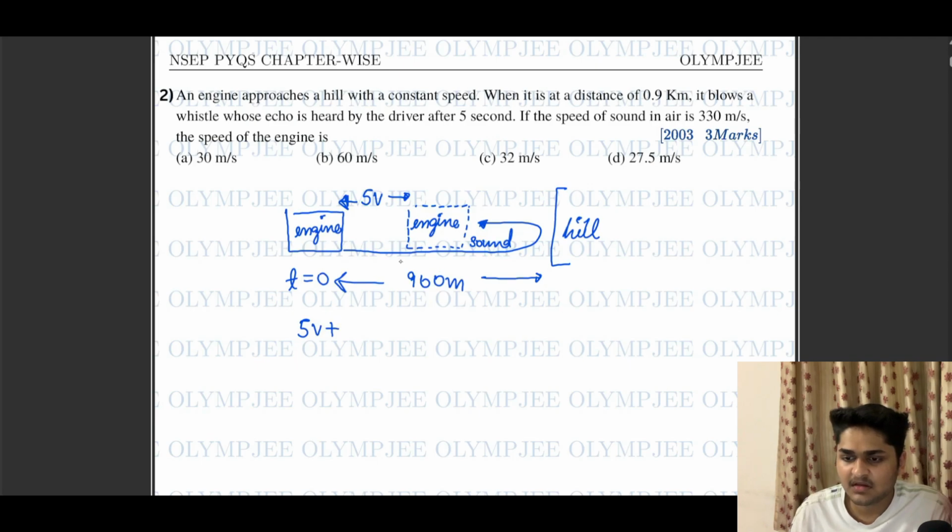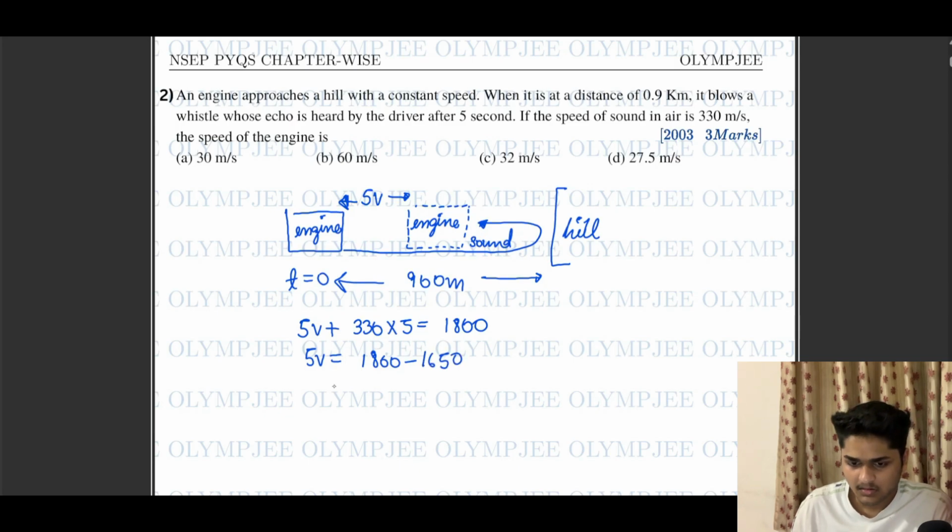Distance traveled by sound in 5 seconds will be 330 into 5 equal to 1650. So this will give 5v is equal to 1800 minus 1650. So v will be 30 meters per second. So the correct answer is option A.